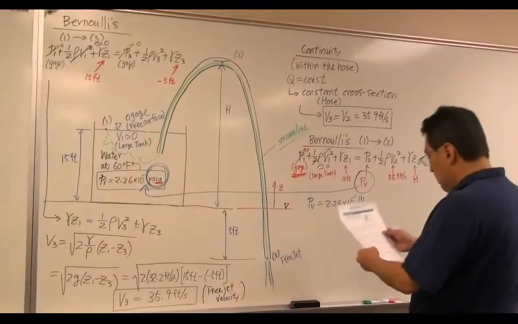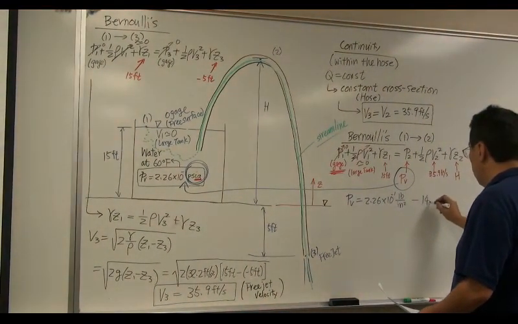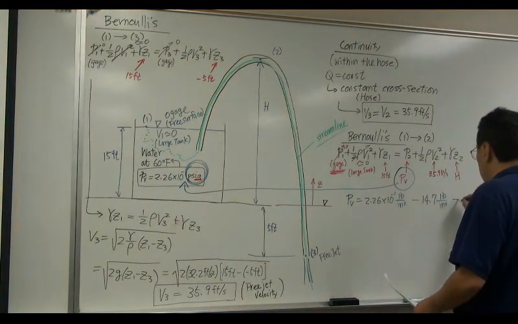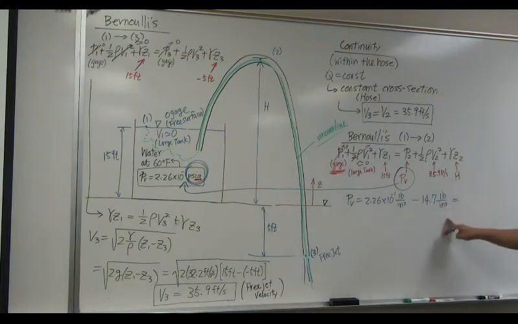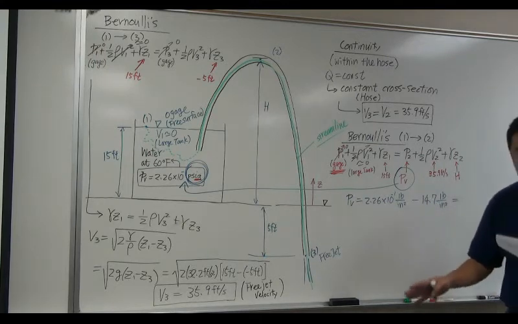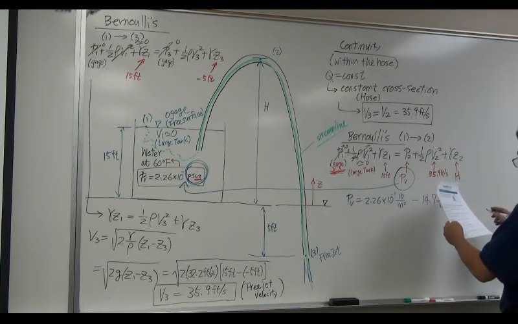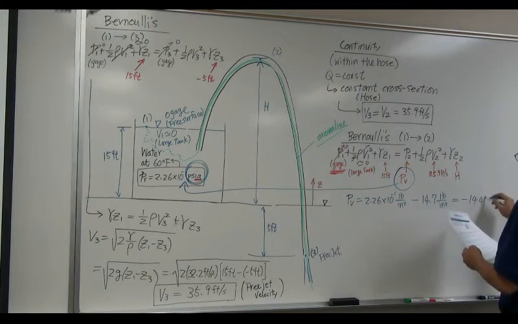So how do we convert this? Let's subtract 14.7. This is going to get you gauge pressure. Gauge pressure is supposed to be a big negative value, right? Yes, of course. Vapor pressure is big vacuum pressure. So this is going to get you a minus 14.47 pounds per square inch.